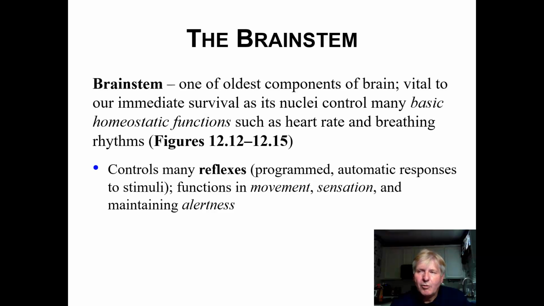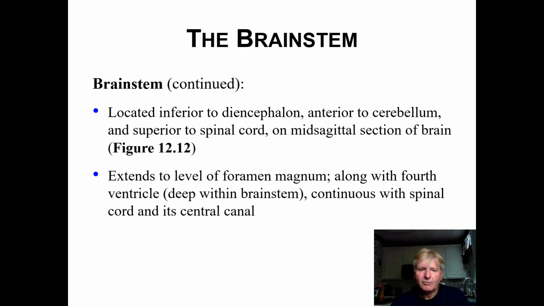It's very important for our immediate survival because these nuclei control many of our basic homeostatic functions, such as heart rate and our breathing rhythms, our ventilation patterns. They also control many reflexes. A reflex is a programmed automatic response to a stimulus. They also function in movement, sensation, and maintaining alertness.